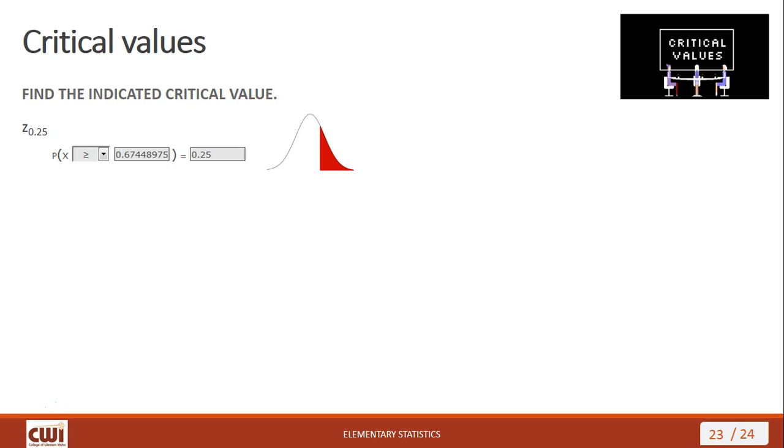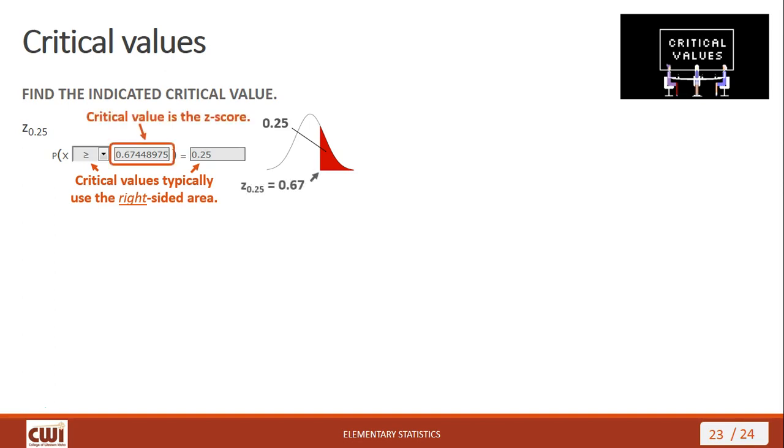Make sure you've got the right drop-down selection selected. You want it greater than, because you're looking for the area to the right. So critical values typically use the right-sided area. And remember, that area of the curve is the 0.25. The critical value is then the z-score itself that we get out, and that z-score is bounding the area underneath the curve.